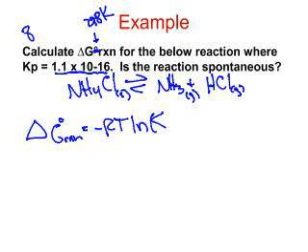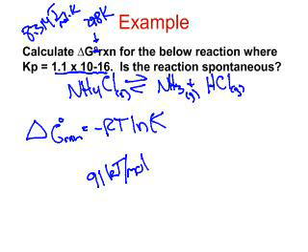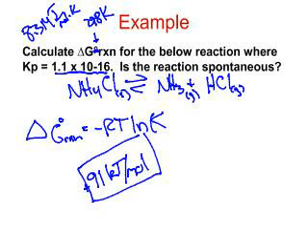R is 8.314 joules per mole Kelvin, T is 298 Kelvin, and then we take the natural log of the equilibrium constant. If you plug that in, you're going to get positive 91 kilojoules per mole energy change.